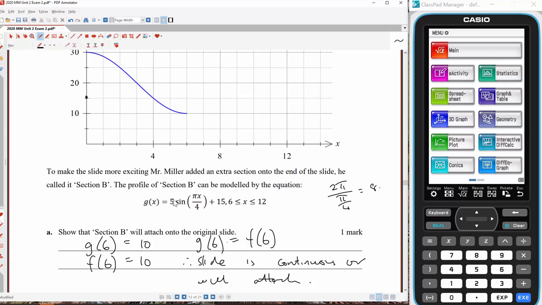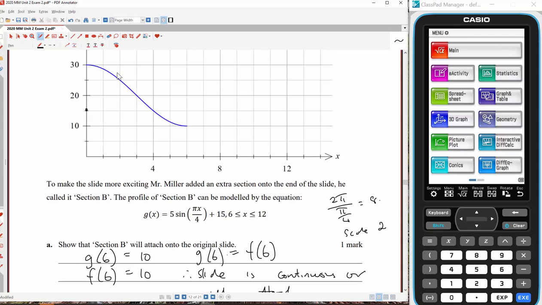Our scale is 2, so every 2 we get 5 up. So there's 15. Then we go to 20.